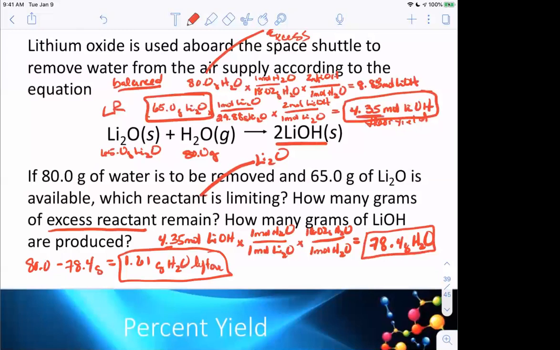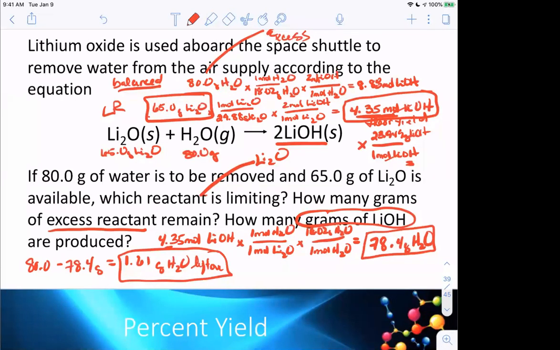Now, I left this in moles, but I can calculate the grams of LiOH by taking 1 mole of LiOH. I'm going to take the molar mass of LiOH, which is 6.941 plus 16 plus 1.008. And that gives me 23.949 grams of LiOH.